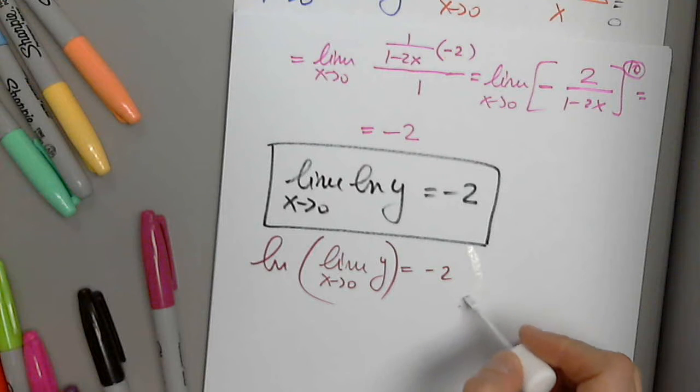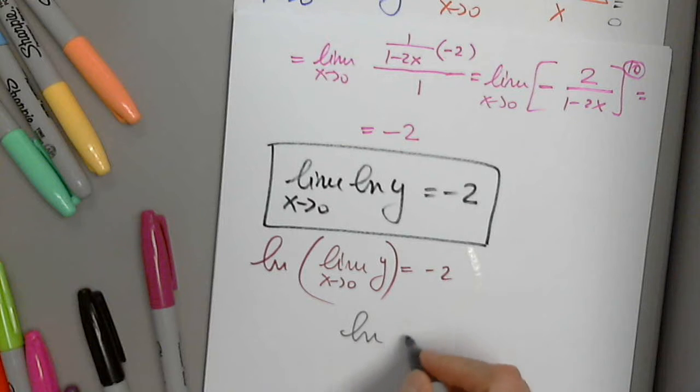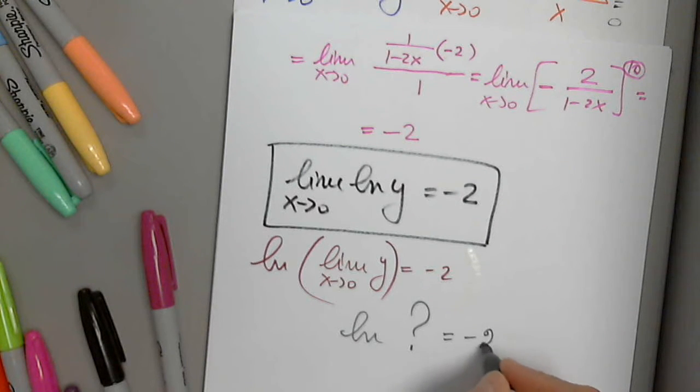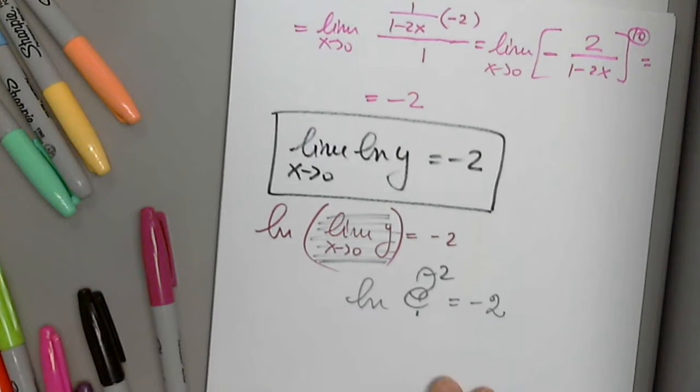And now the moment of truth. Natural log of what is negative 2? And this will be the limit that I'm looking for. What should I have in here so that the limit is negative 2? E raised to negative 2, and negative 2 goes in front, and natural log e is? Excellent, well done. Indeed, e to the negative 2.